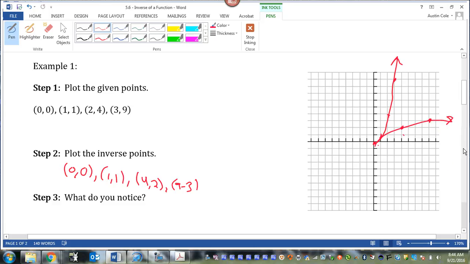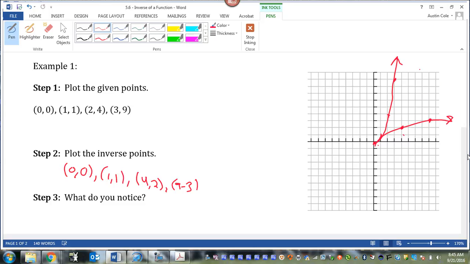Something that looks like that. Okay? So what do you guys notice? One of them is x squared, right?